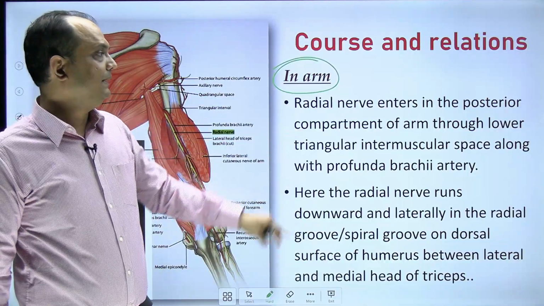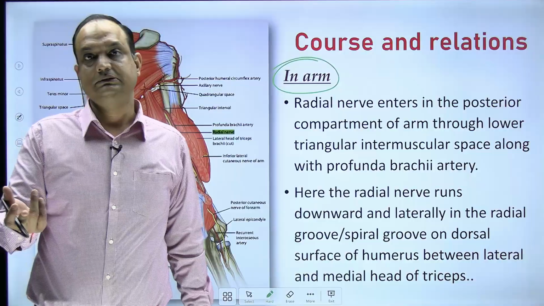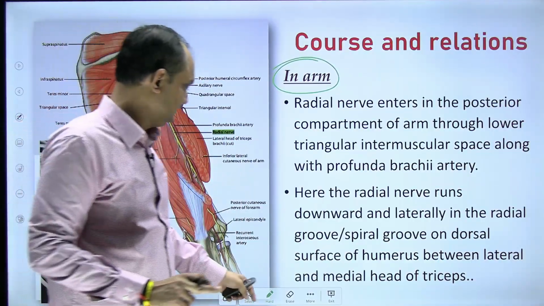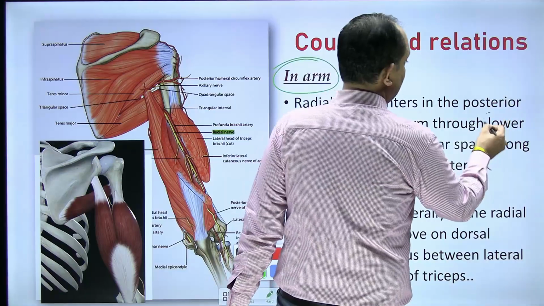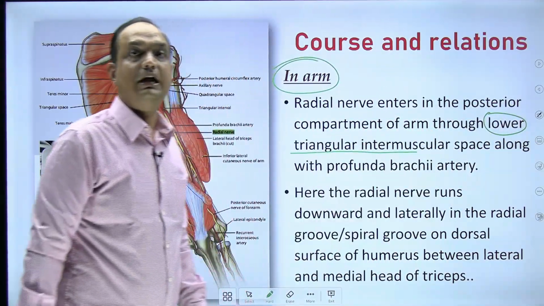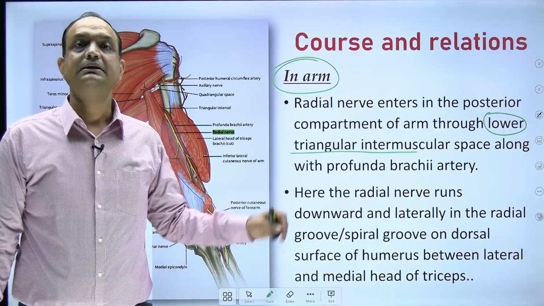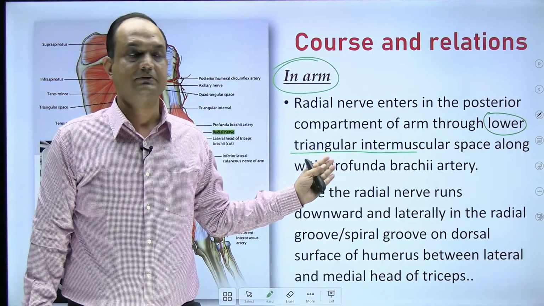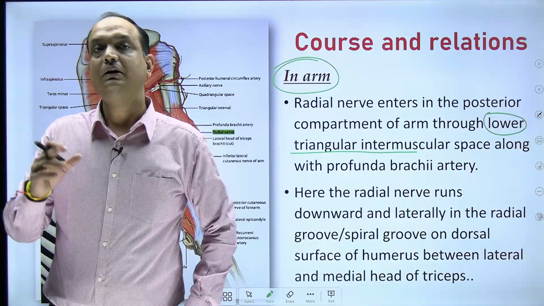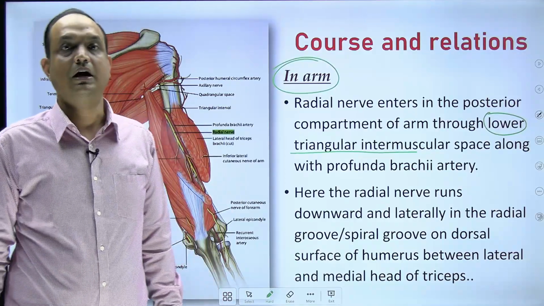So, how does it enter the posterior compartment of the arm? It enters through the lower triangular space. So, this is the first question: which space is taken by the radial nerve to exit the axilla? The answer is the lower triangular space. Through this lower triangular space, it enters the posterior compartment of the arm.